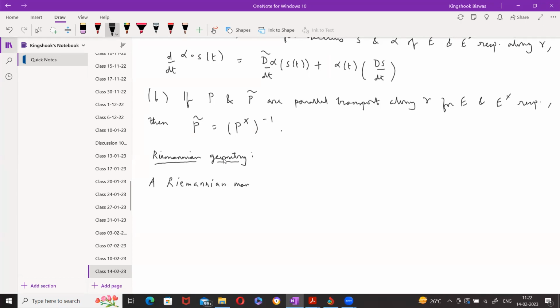That means a manifold with an additional structure which will allow us to measure two things: lengths of curves in the manifold, and not just lengths of curves, but also angles between curves.